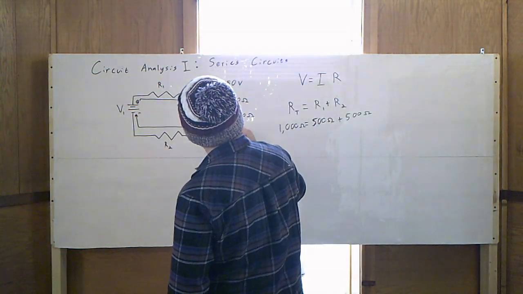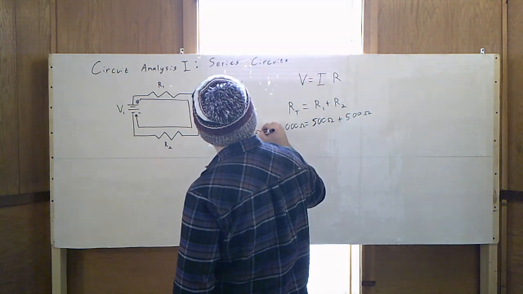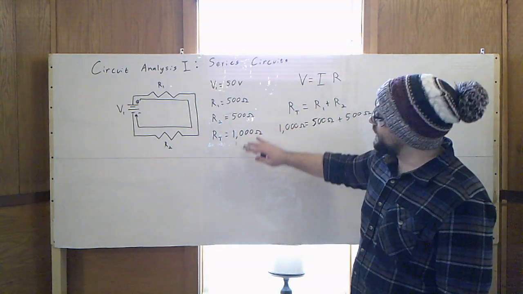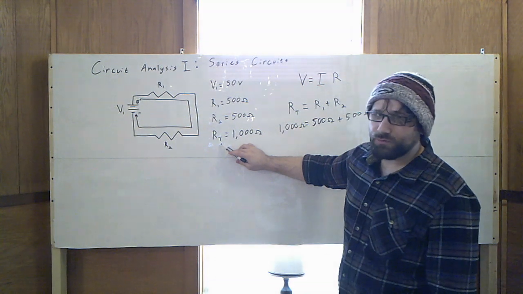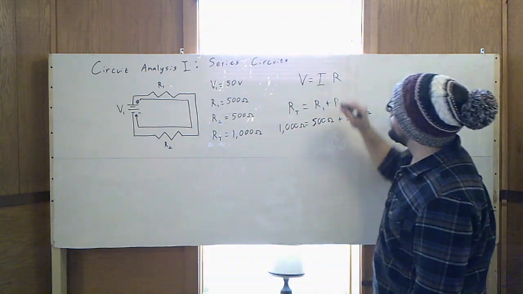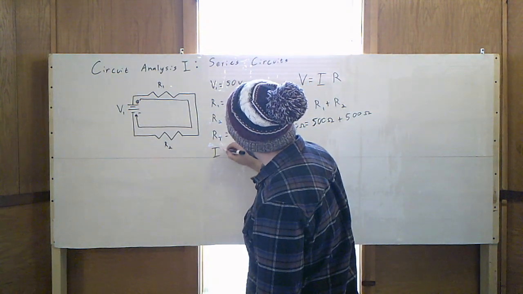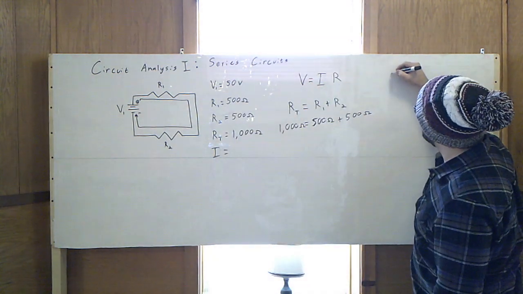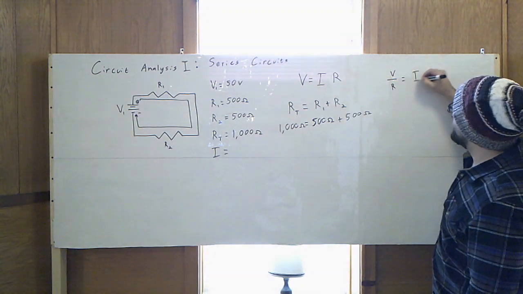As we're keeping track of our variables here, it is very common to keep track of them all down to the left side, keeping track of my individuals and my totals. Okay? So then what is my current going to be? Well, V equals IR, so I'm going to take my voltage divided by my resistance to get my current.